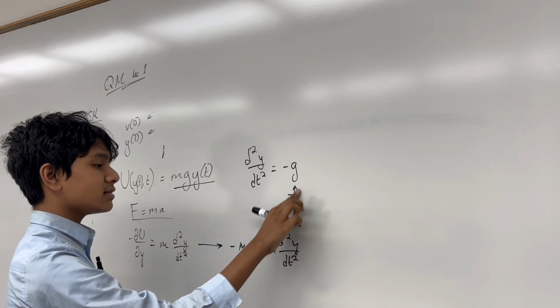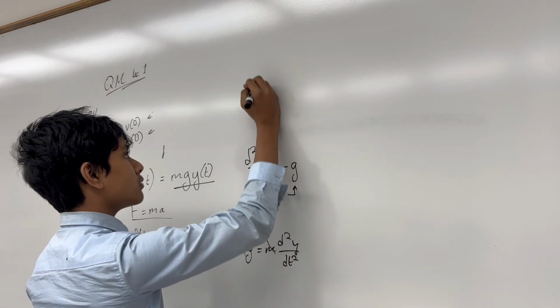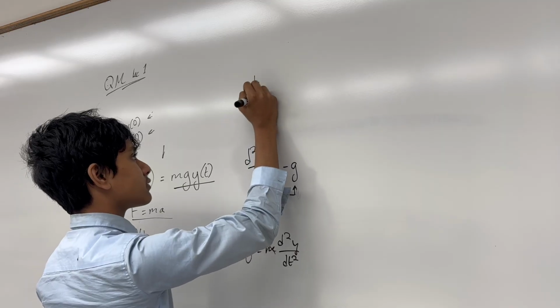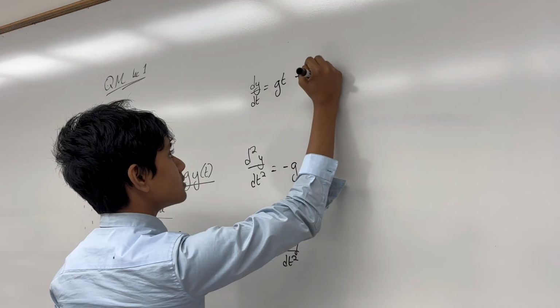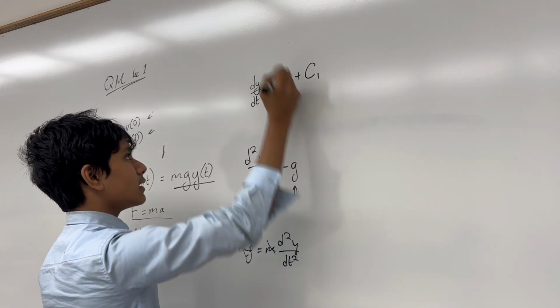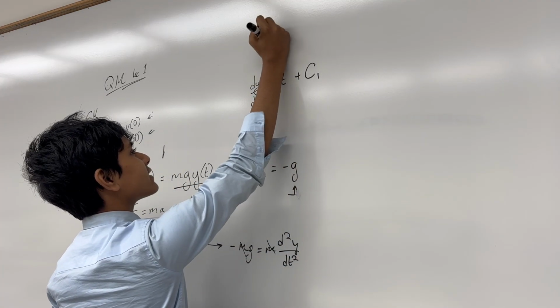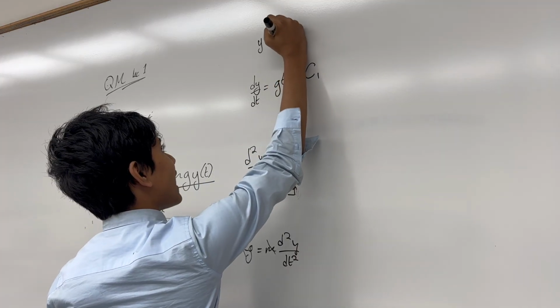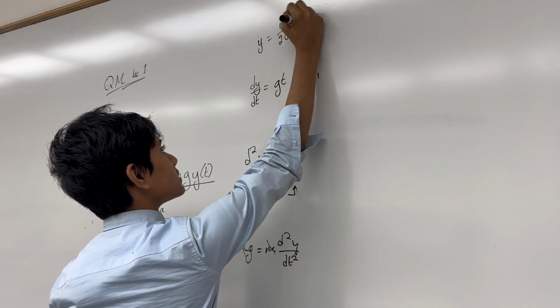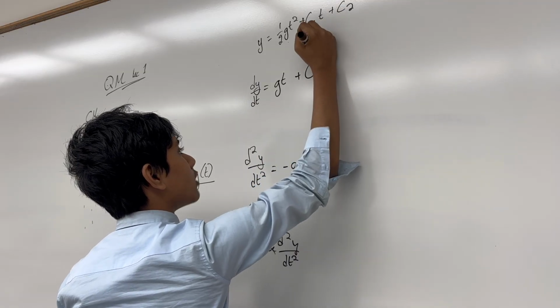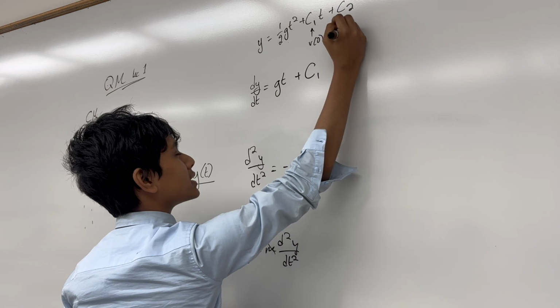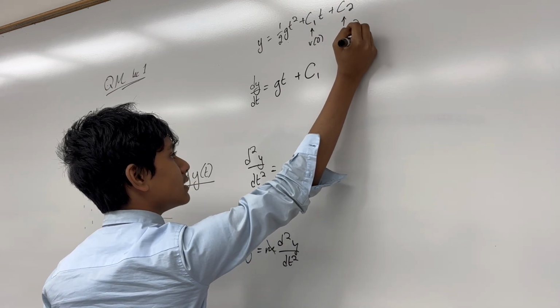What does that give us? Well, you integrate once with respect to time and get negative gt plus c1. And then you integrate again with respect to time and you get negative half gt squared plus c1t plus c2. And as you can probably guess, these are determined by our initial conditions.